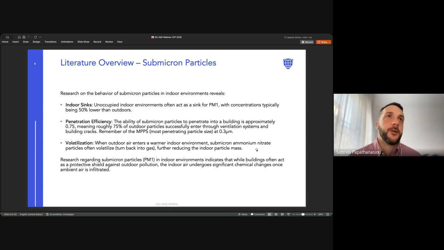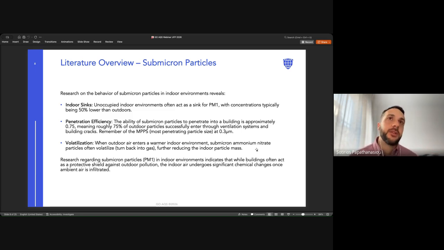Indoors now, something that scientists have observed is that unoccupied indoor environments often act as a sink for PM1, with concentration typically being 50% lower than outdoors. So basically, particles rest and deposit on surfaces.